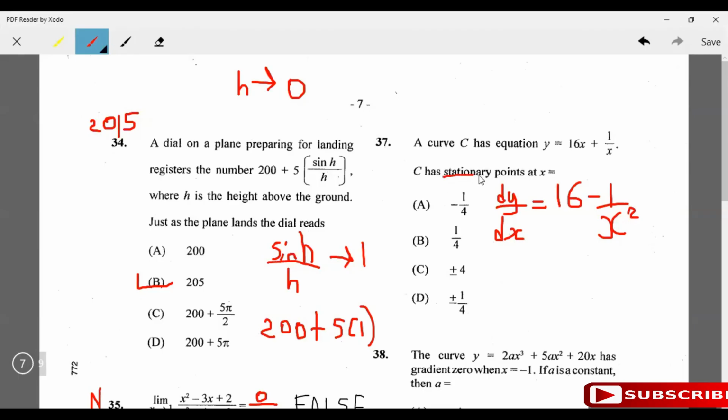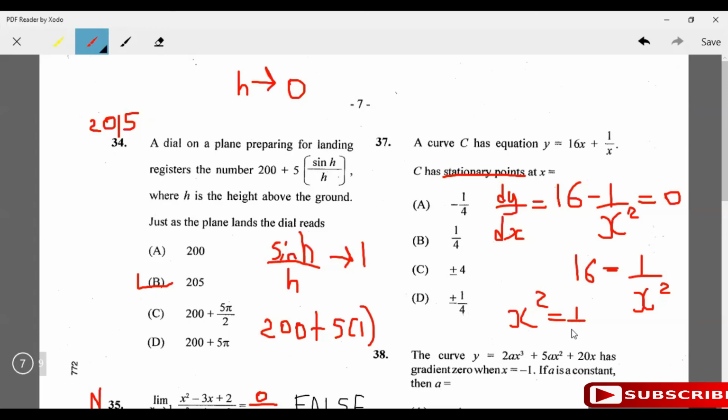That's how we differentiate 1 over x. Now stationary points occur when dy by dx equals 0. So we're going to set this equal to 0. What we're solving is 16 is equal to 1 over x squared. And so x squared is equal to 1 over 16.